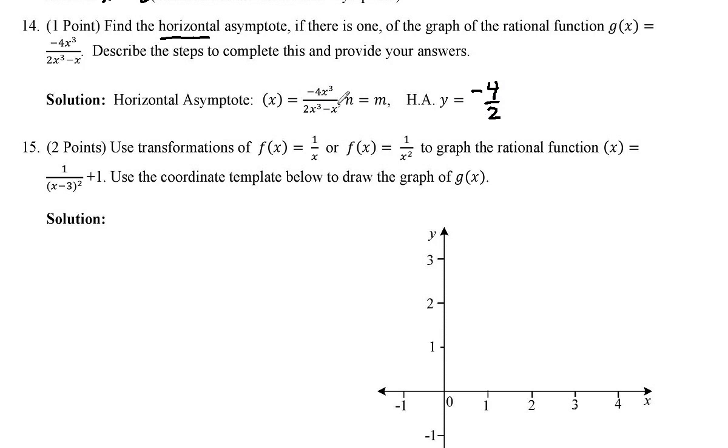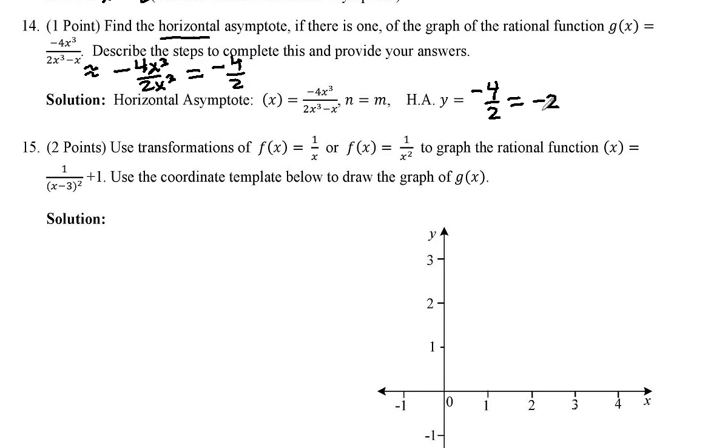Remember why that is: as x gets bigger and bigger, these are what are called the dominant terms. They're very big in relation to this minus x squared, so it doesn't make a lot of difference. So the ratio of -4x cubed over 2x cubed minus x is approximately equal to -4x cubed over 2x cubed as x gets bigger and bigger, and that ratio is -4 over 2, which is -2.